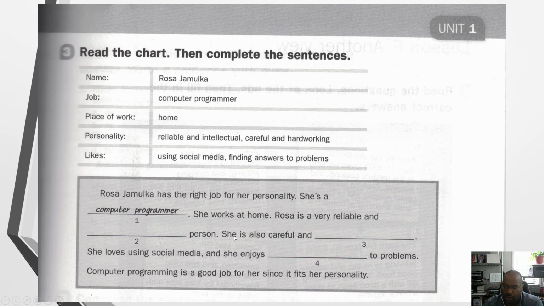Okay, she is also careful and hardworking. She loves using social media and enjoys finding answers to problems. Computer programming is a good job for her since it fits her personality.